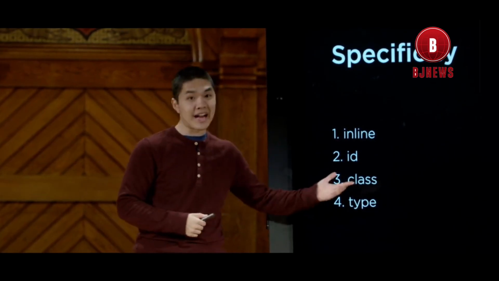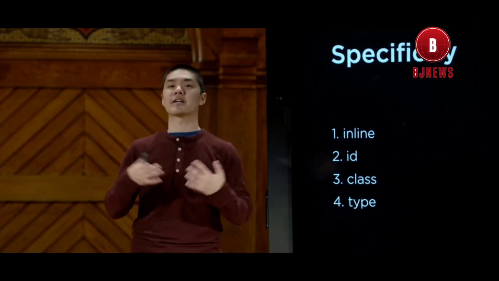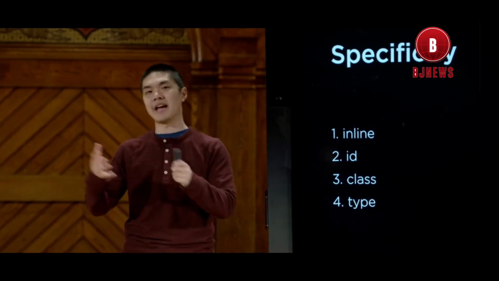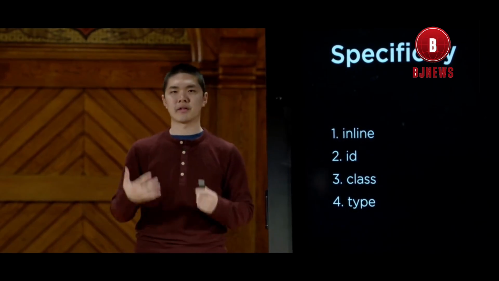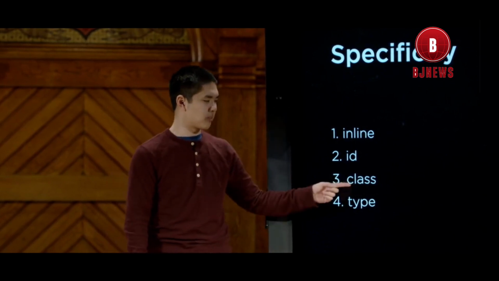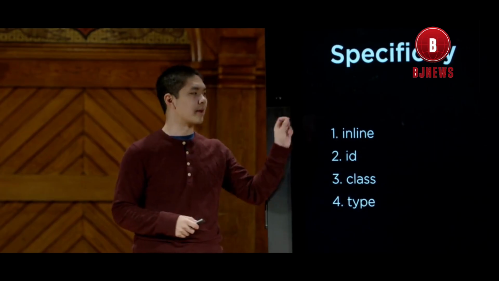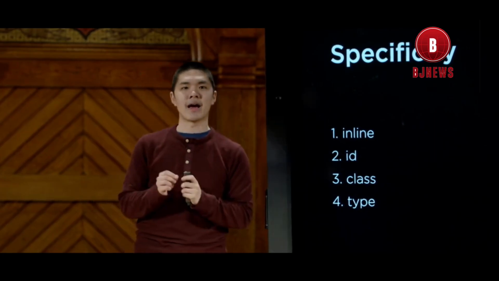And if so, then that takes next precedence. And otherwise, then, we fall back to what type of HTML element it is. Is it an h1? Is it an ordered list? Is it a table? So in short, the type is the least specific, class is slightly more specific, ID is more than that, and the most specificity we can provide is by literally putting the CSS in line with the HTML element itself.